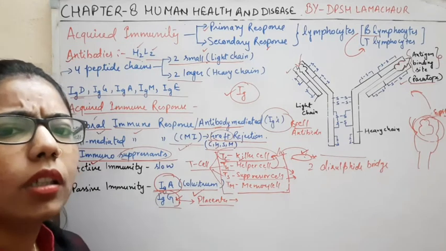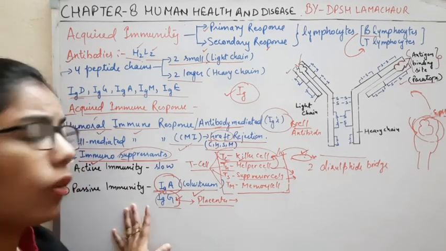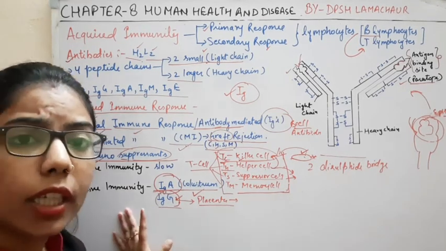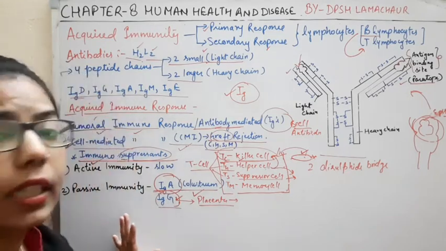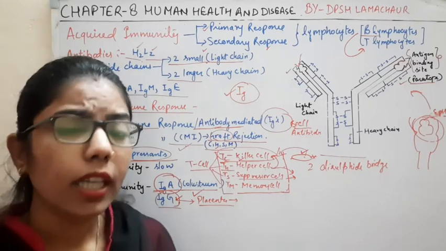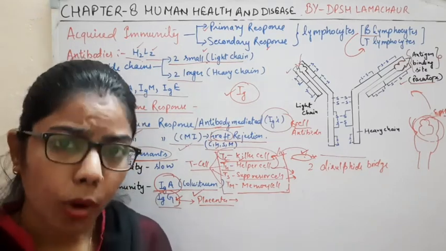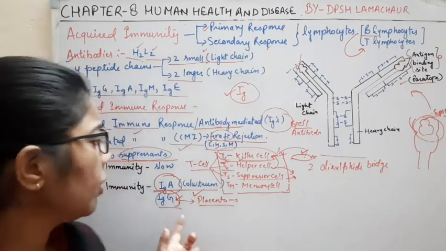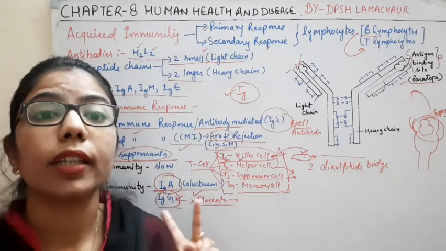And what can be an example of artificial passive immunity? If we talk about tetanus, or if we talk about snake bites, at that time our body needs antibodies, but if it makes them naturally, it will take time.